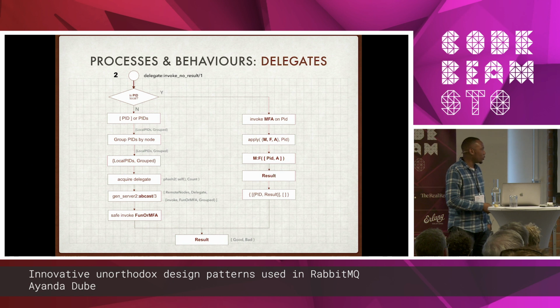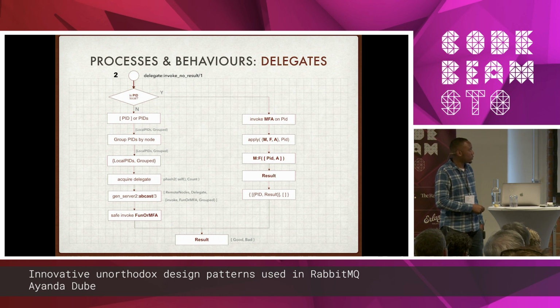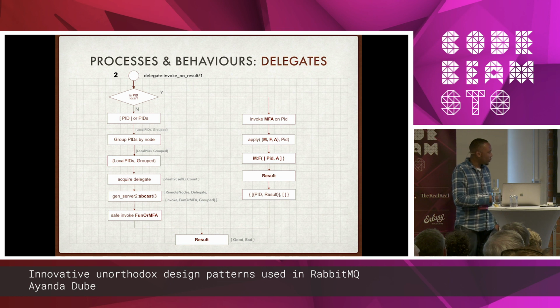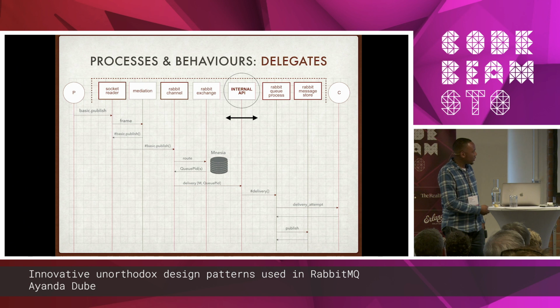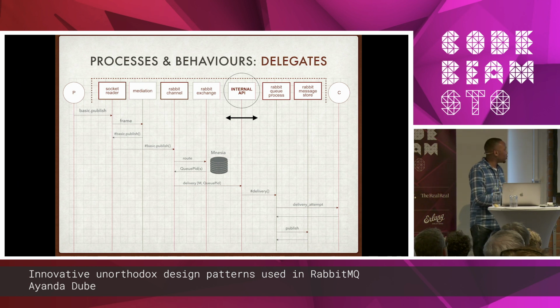So basically on the remote node, it will check for the delegate process that was specified in the call, and then execute an asynchronous call on the local node, right? So you don't necessarily use up a lot of bandwidth on your network links.